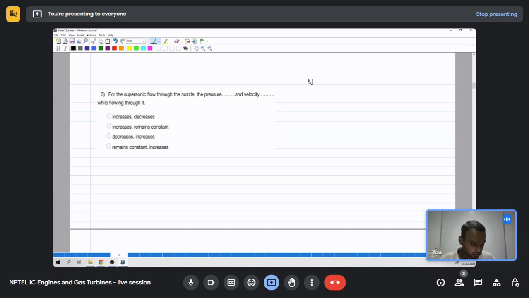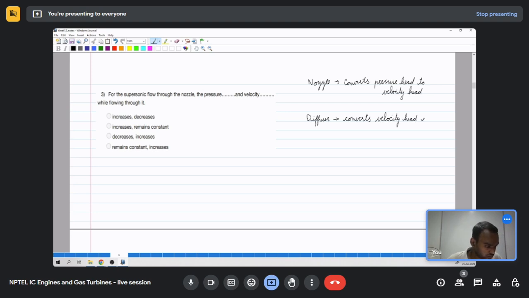So a nozzle converts pressure head to velocity head, and a diffuser converts velocity head to pressure head, but in case of a nozzle always the pressure head is converted to velocity head.